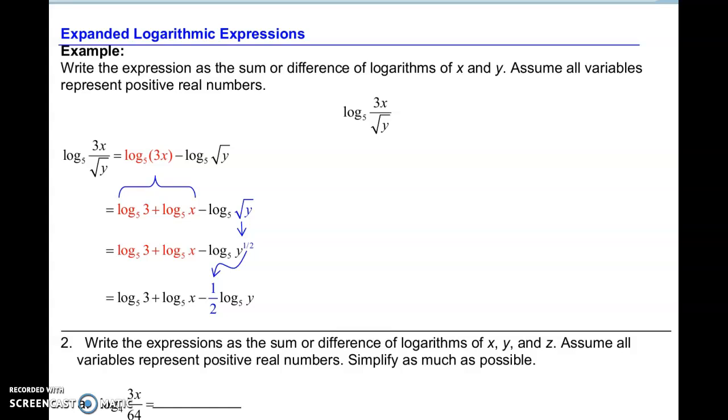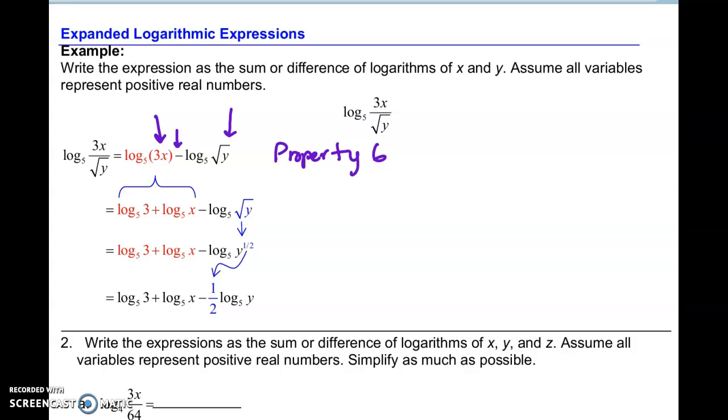Now they do the expansion for me, but I'm going to write the property that we're using. They take this quotient, 3x over the square root of y. It's the log base 5. Notice they write log base 5, log base 5. They put a minus sign here. This is your numerator, this is your denominator. The log base 5 of the denominator follows the minus sign. This is property 6 from up above.